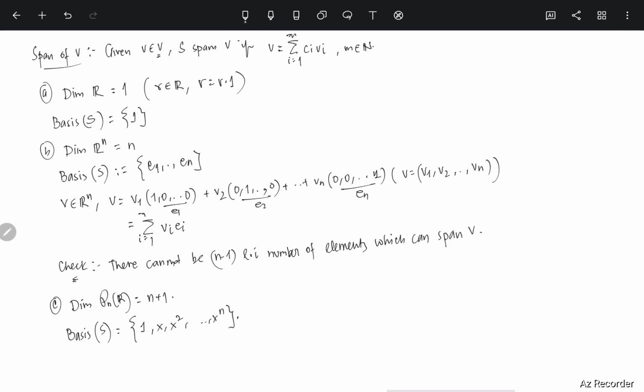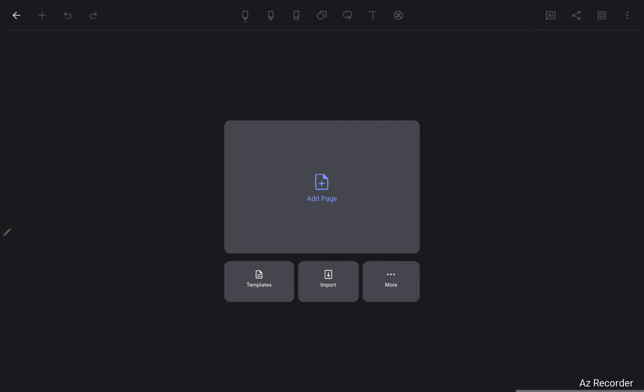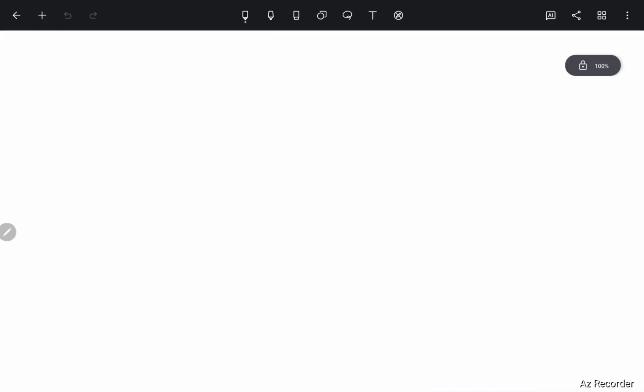Here is the first example, which I think is going to be a little different from what you have known till now about vector spaces. So, D, an example of a vector space. First of all I will start with the interval I, let's just call it [a, b].